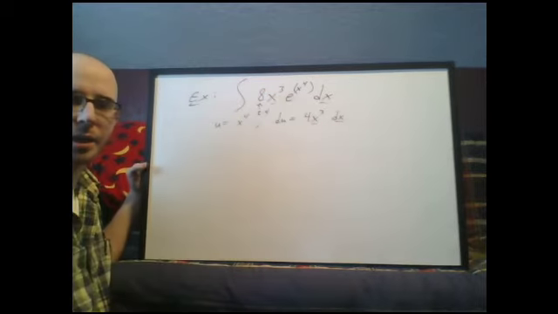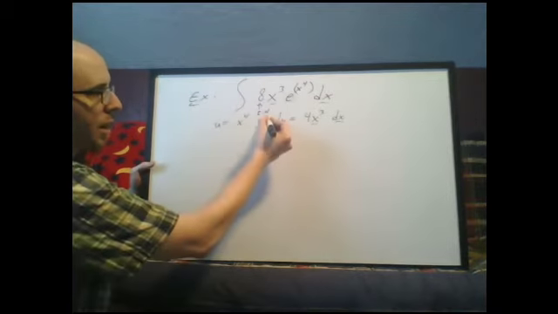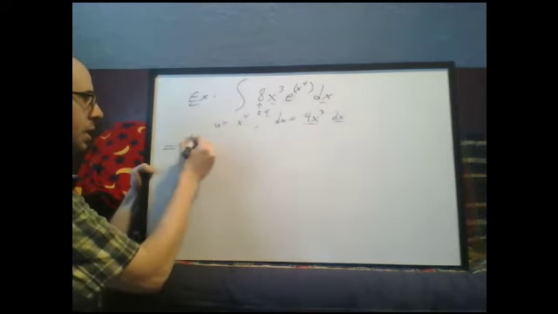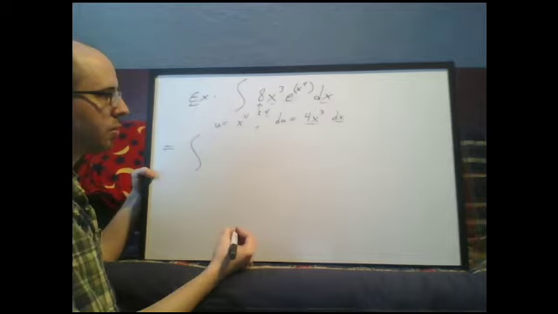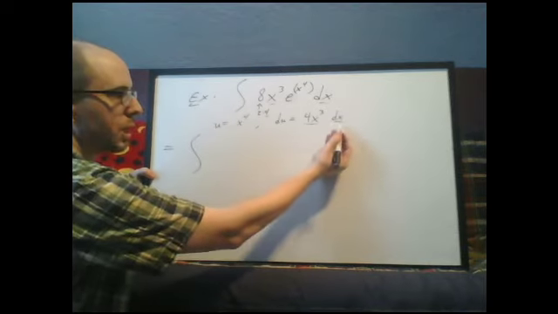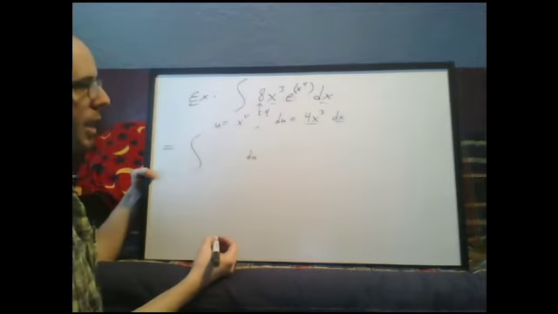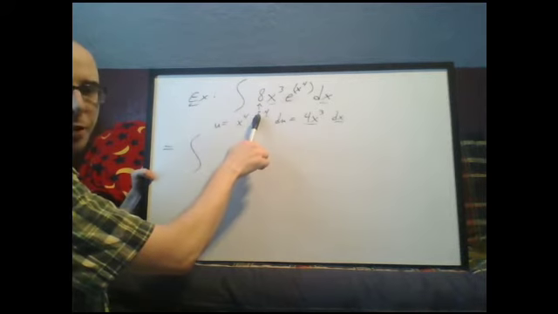Let me just write that here. 8 is 2 times 4. I've got the 4 I need too, so I can trade those things in. 4x cubed dx gets traded in for a du. That leaves me with a 2 left over from the 8.